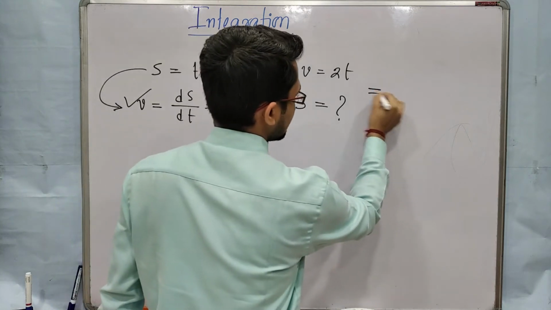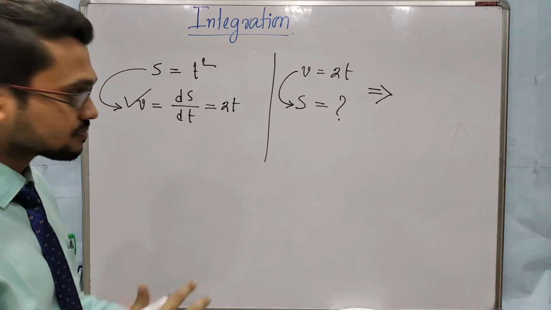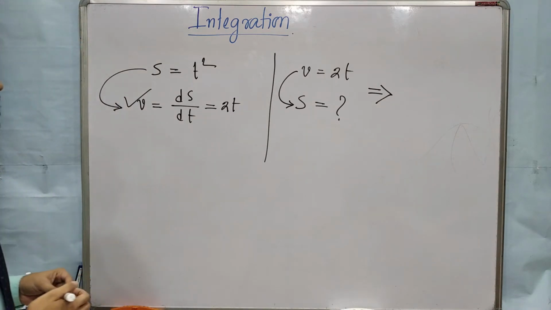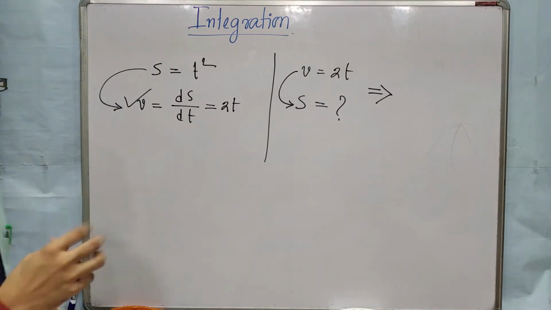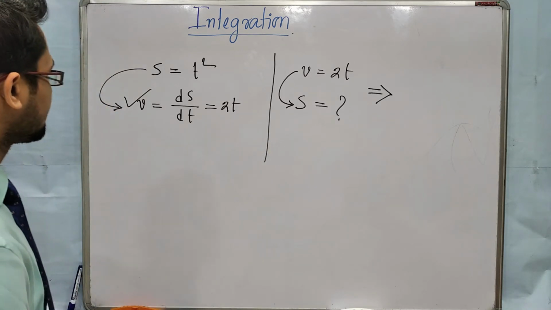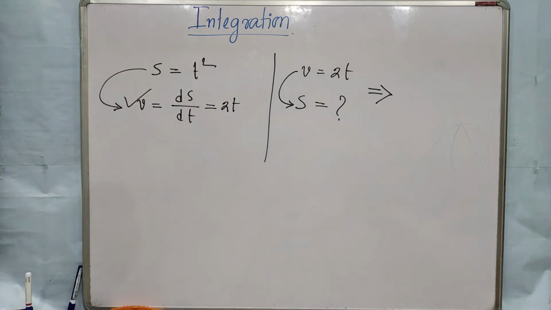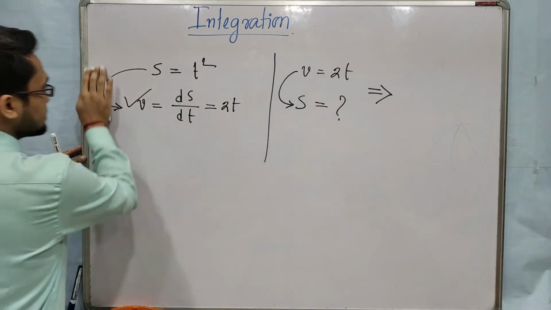For this reason we have to apply integration. Now we have to learn what integration is, and what physical quantity we get using integration. Then we will see a few mathematical formulas, step by step.